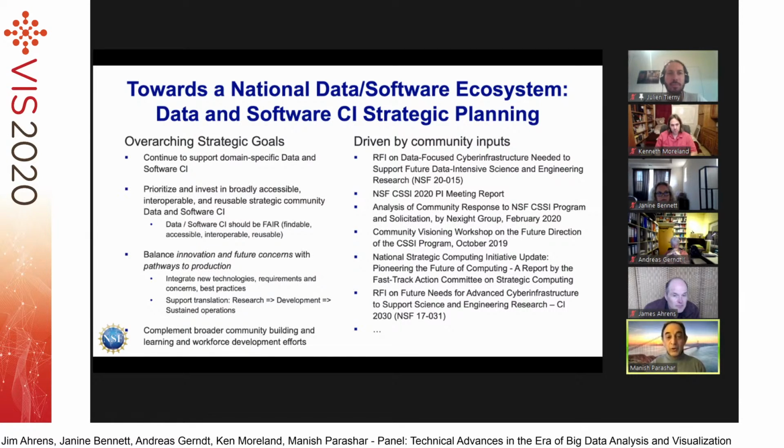For example, looking at the interfaces of domain-specific data and software CI and OAC's programs, prioritizing broad accessibility, right? Making data and software CI truly FAIR: findable, accessible, interoperable, and reusable. And the third one is very important, and it's something I saw through all the other presentations: balancing this idea of innovation and future concerns with tools that can be used and really enable science, right?